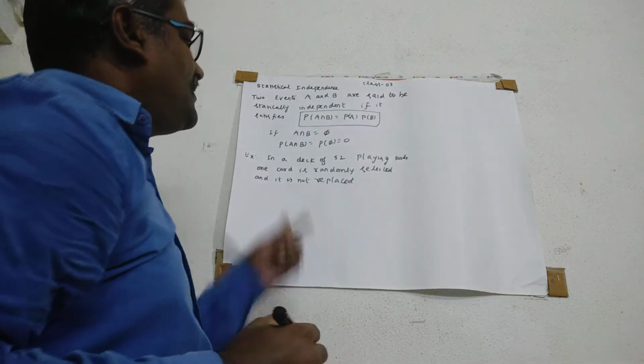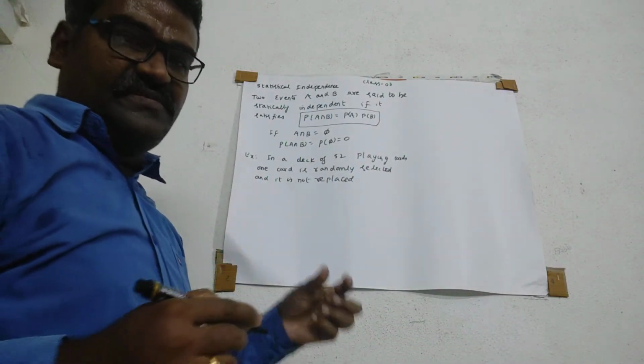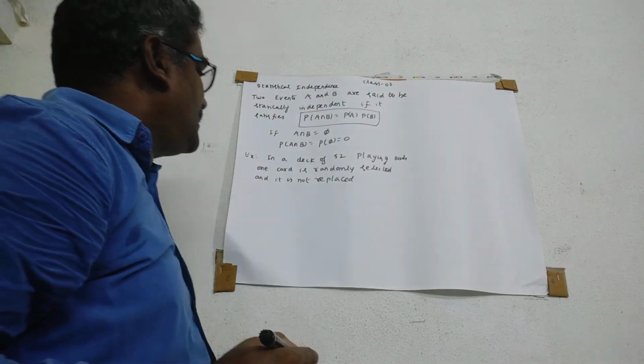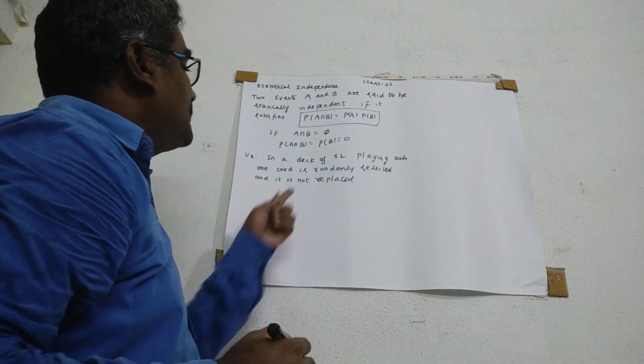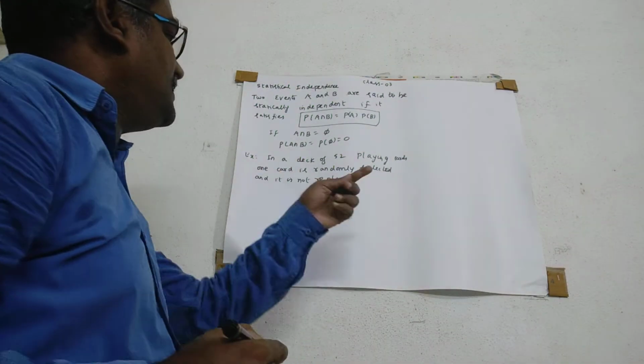What does it mean? We have 52 playing cards and one card is picked up from the deck of 52 cards, and that card is not being replaced.